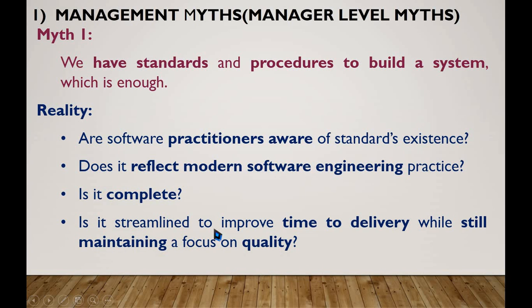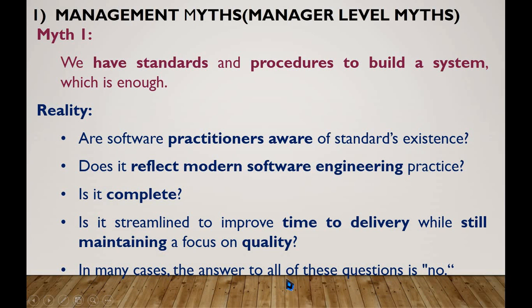Is it streamlined to improve time to delivery while still maintaining a focus on quality? Meaning, are they focused on delivery time only, or also on quality? So those are the realities.